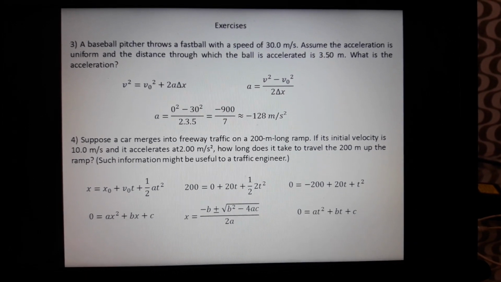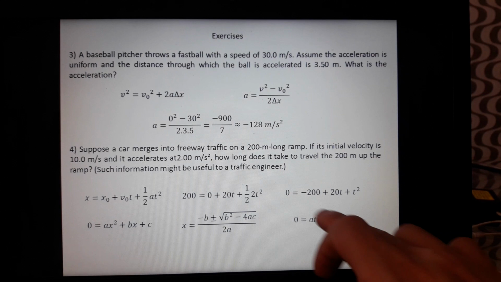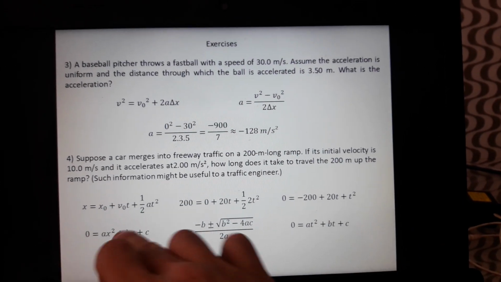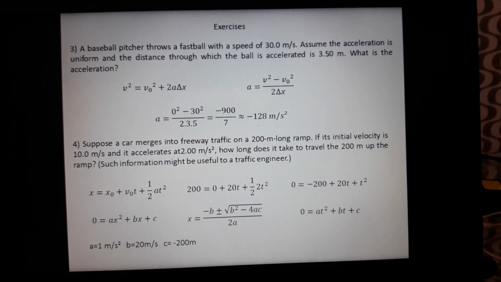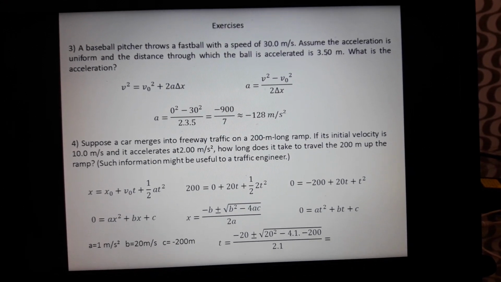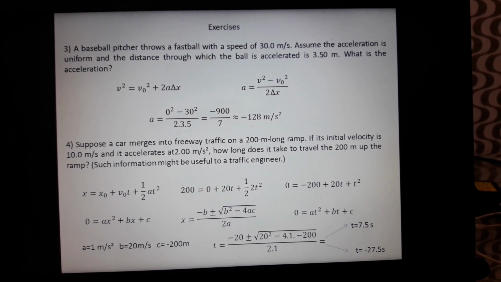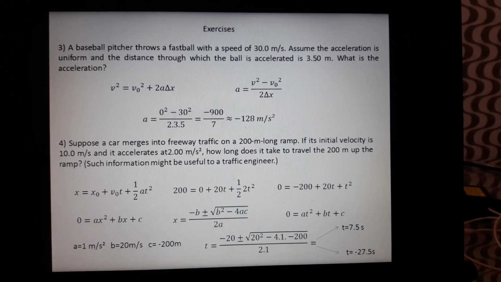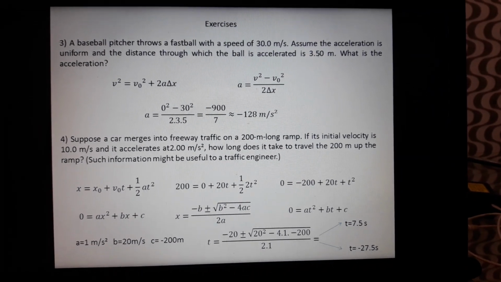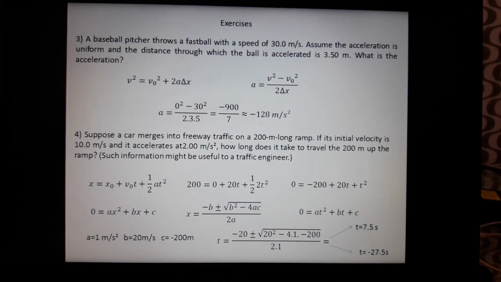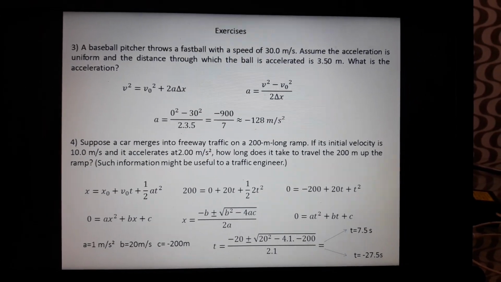We use this formula, and we have t here, the same formula using x and t. We change to t, what is a, b, c, and we find t is 7.5 seconds. Minus 27.5 seconds doesn't make sense, so it's 7.5 seconds.